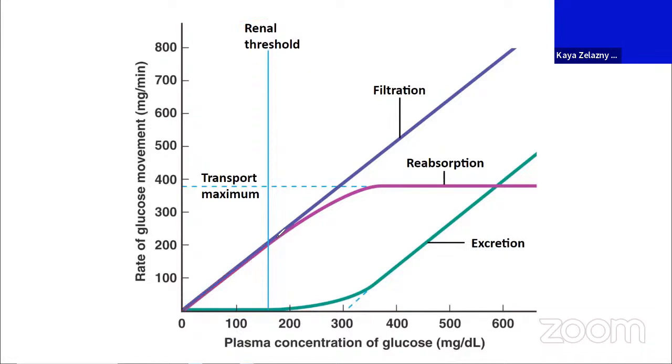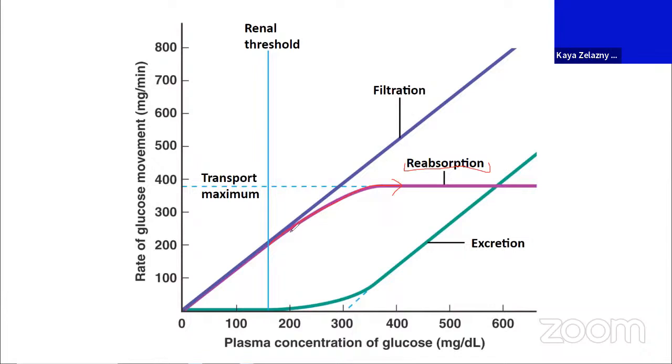But at that renal threshold, this is where we start to see saturation of those transporters, right? So basically what we're saying is that we can't keep up. The reabsorption can't keep up. So this line for reabsorption back into the body starts peeling away from our filtration line.